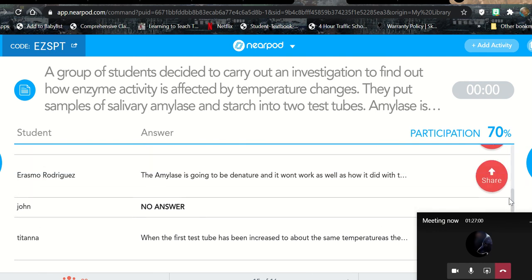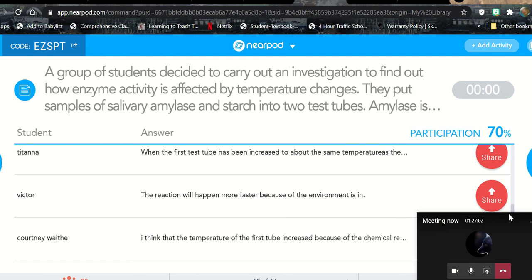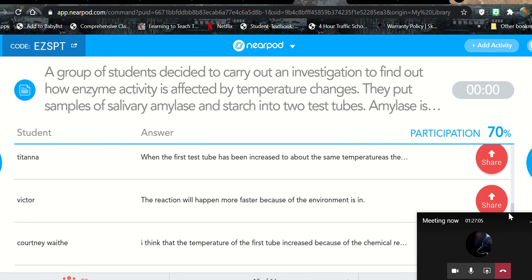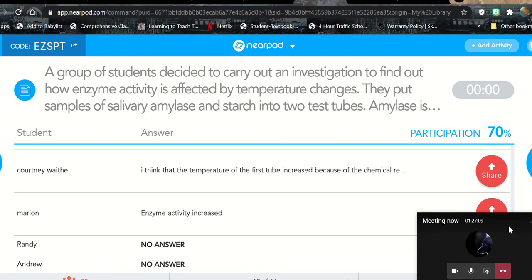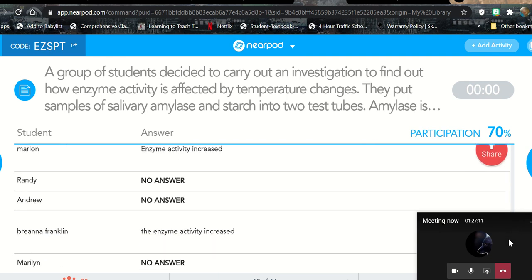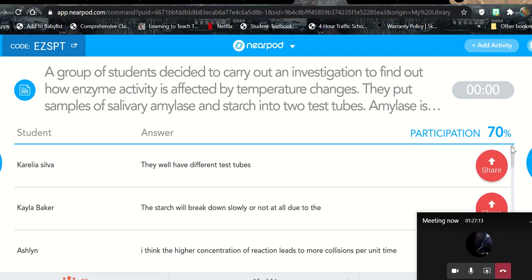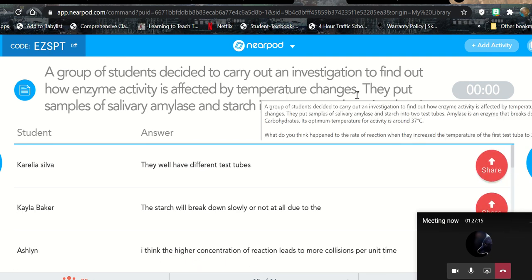No, if it goes beyond that 37 degrees, that's when it'll be denatured. So again, because it likes 37 degrees, those enzymes will be very active at that point. If it goes beyond that 37 degrees, they will probably be heading towards being denatured.